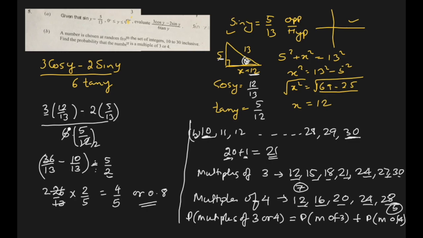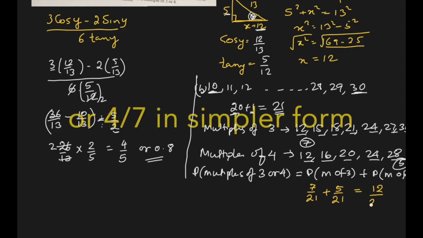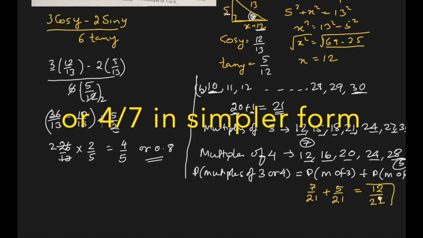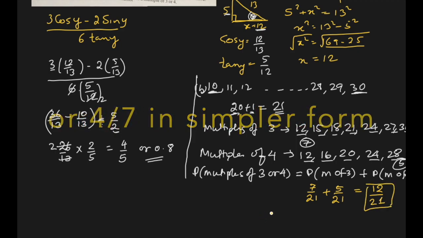This is how we'll do it. So let's write them as we know the answers now. Multiple of 3, 7 out of a total of 21. So it will be 7 out of 21 plus 5 out of 21. And the total is 12 out of 21. This is the probability of the given situation.